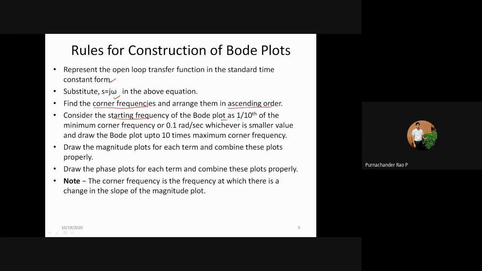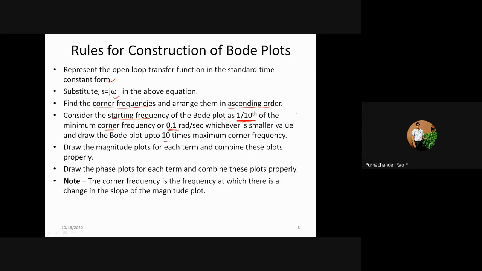The starting frequency is normally chosen as 1/10 of the minimum corner frequency, or you can also start with 0.1 radians per second, whichever is the smaller value. And then draw the Bode plot up to 10 times the maximum corner frequency.